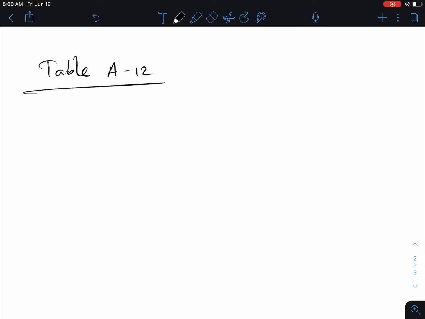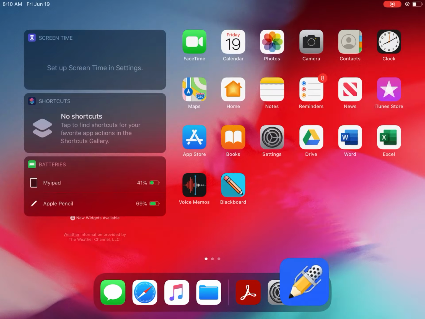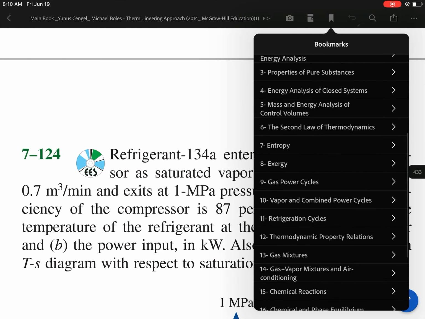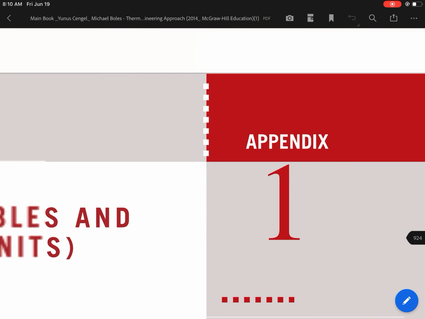For table A-12 we have state 1, and the state 1 pressure is equal to 100 kilopascal, and it's a saturated vapor. Let me show you guys here.